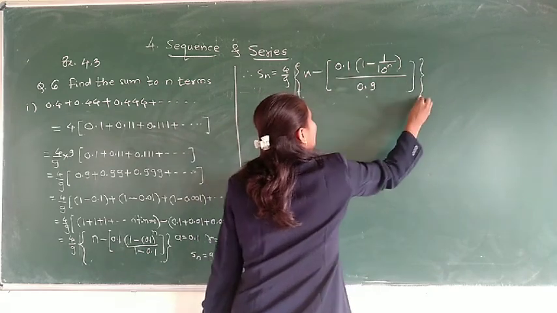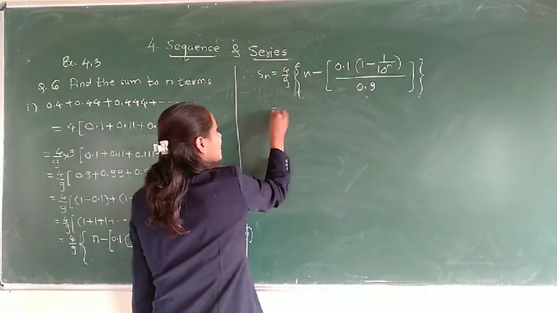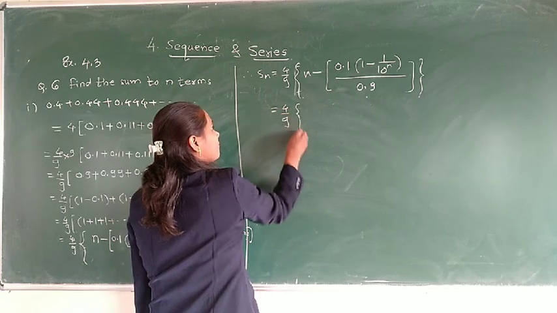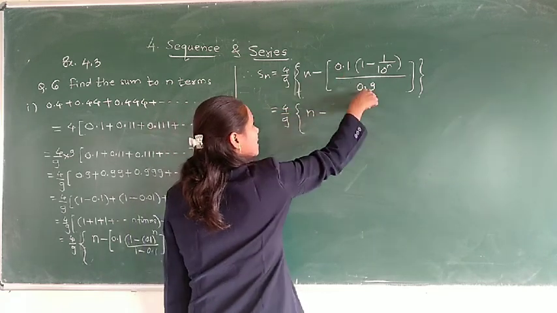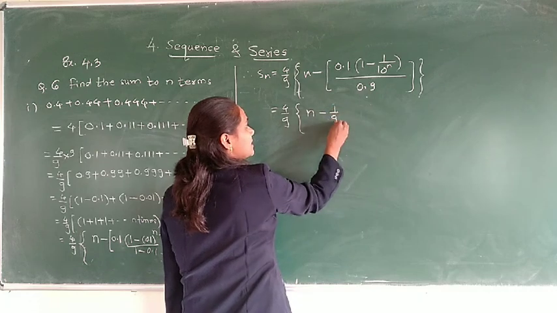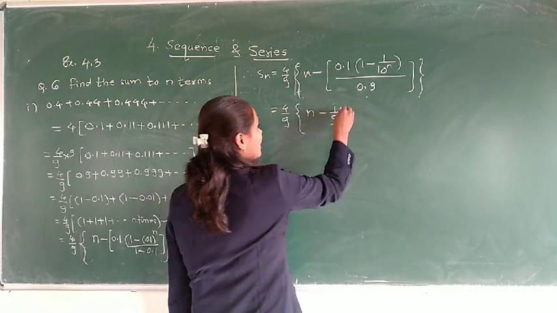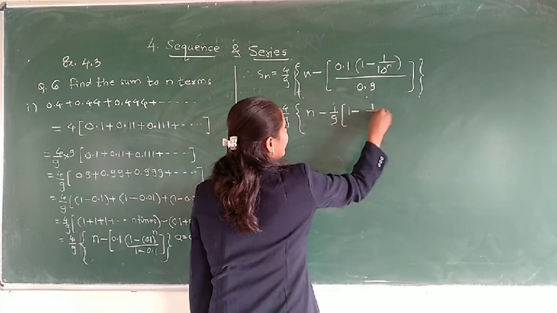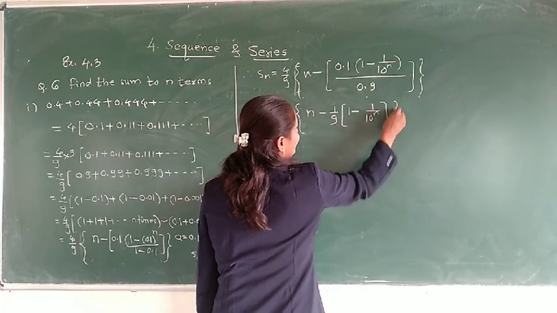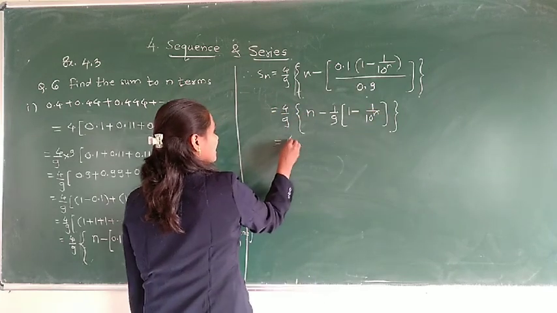Now 0.1 upon 0.9 is 1 upon 9, and in bracket 1 minus 1 upon 10 raised to n.